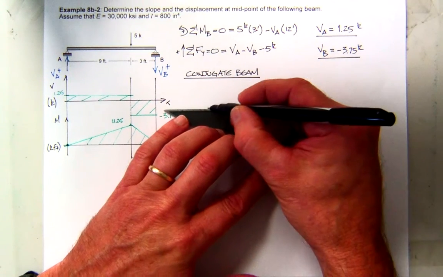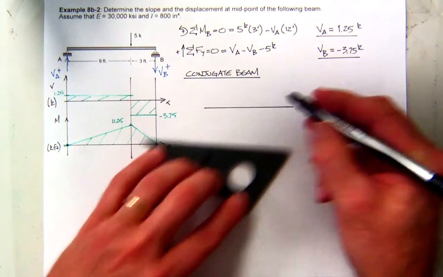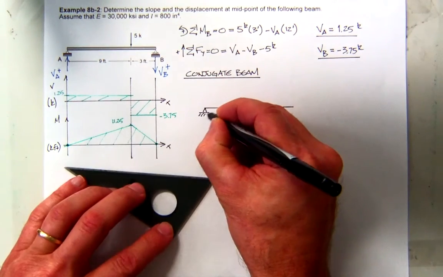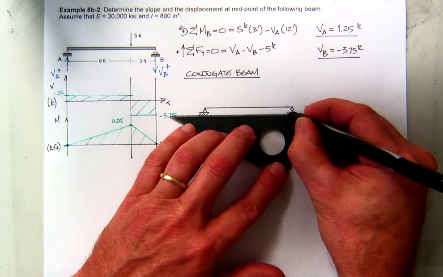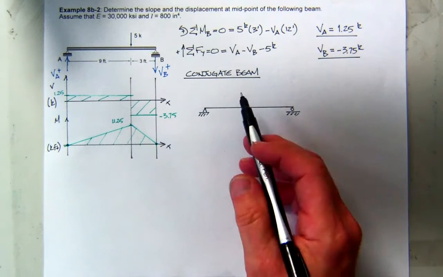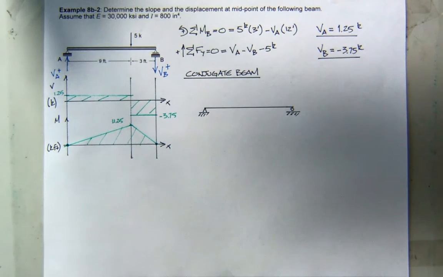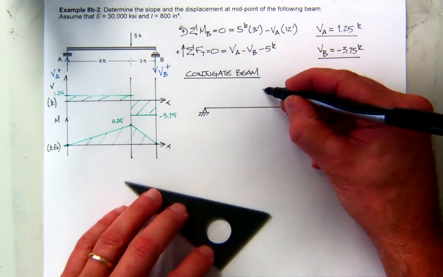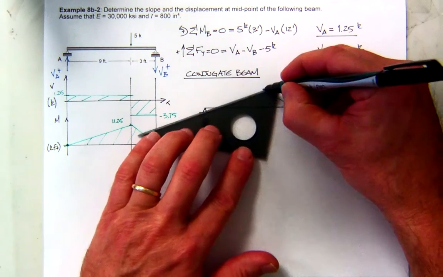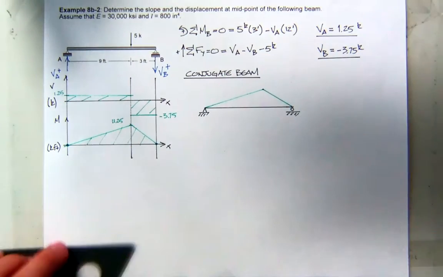So you're going to come back with a pin and a roller. And I'm going to pick this thing up. I'm going to plop it right there on top of my beam, because that's what my moment diagram looks like. I'm just going to stick it right on top.